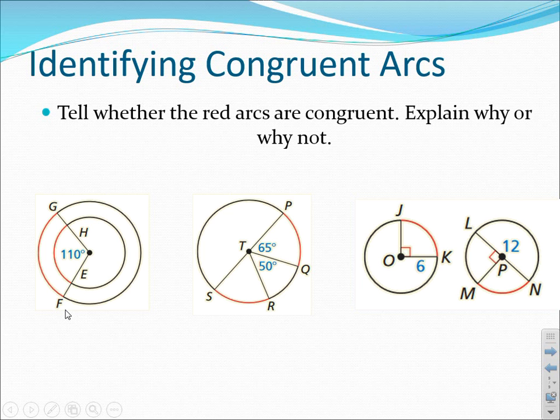So if we look at this first one, I'm trying to figure out if this arc is congruent to that arc. Take a minute and look at that and try to figure out, is arc FG congruent to arc EH?